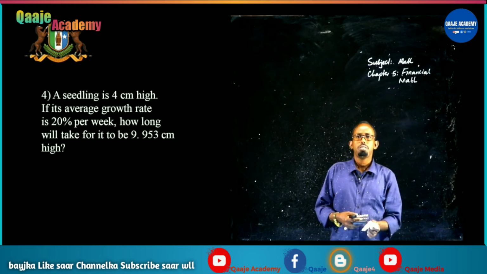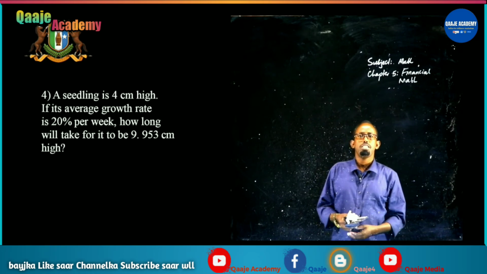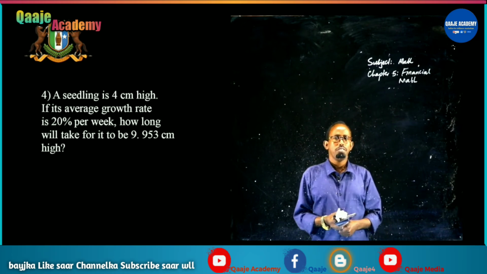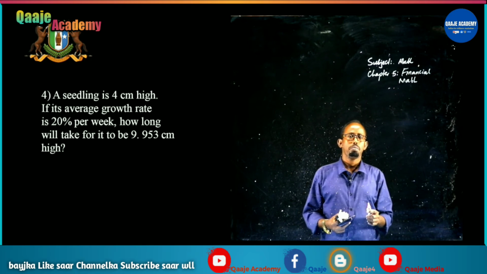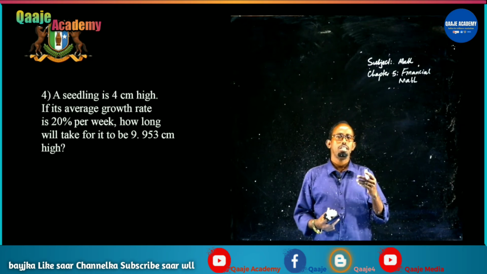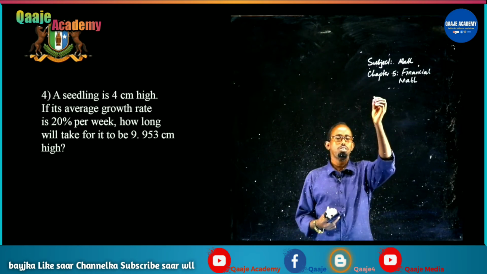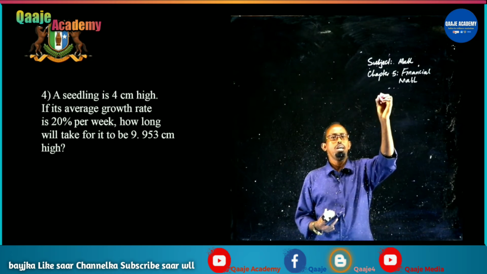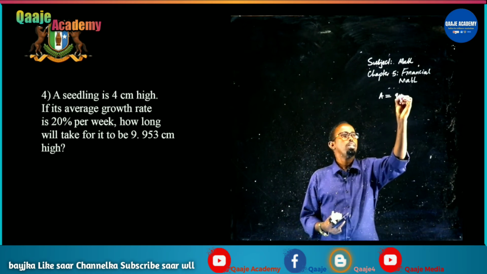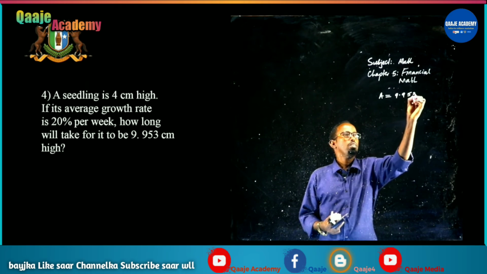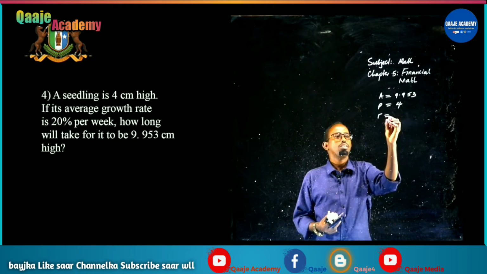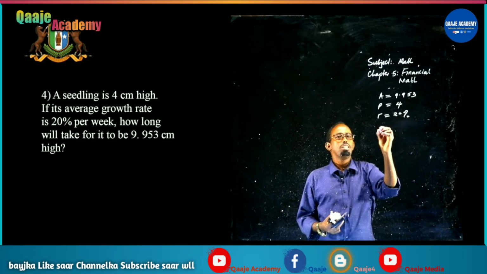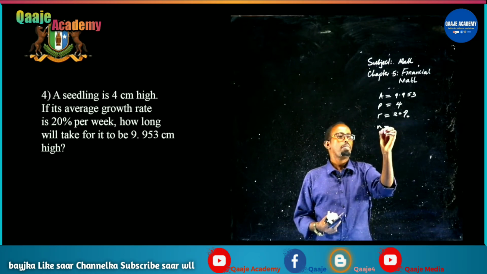The last question. A seedling is 4 centimeters high. If its average growth rate is 20% per week, how long will it take to be 9.953 centimeters? So we are looking for N. So A is 9.953, P 4, R 20%, then N, we don't know.